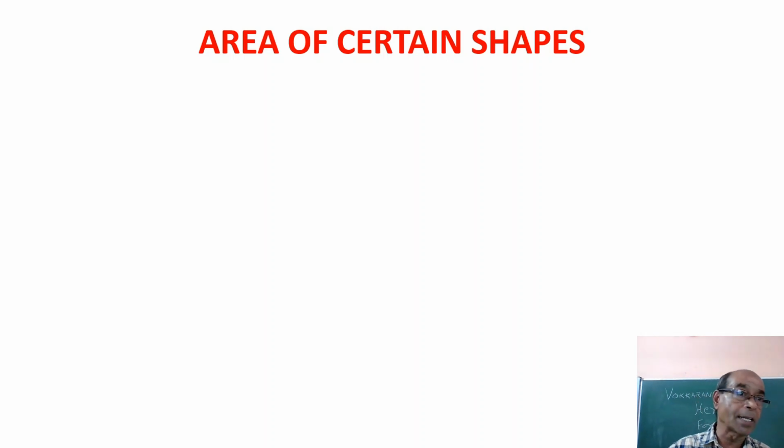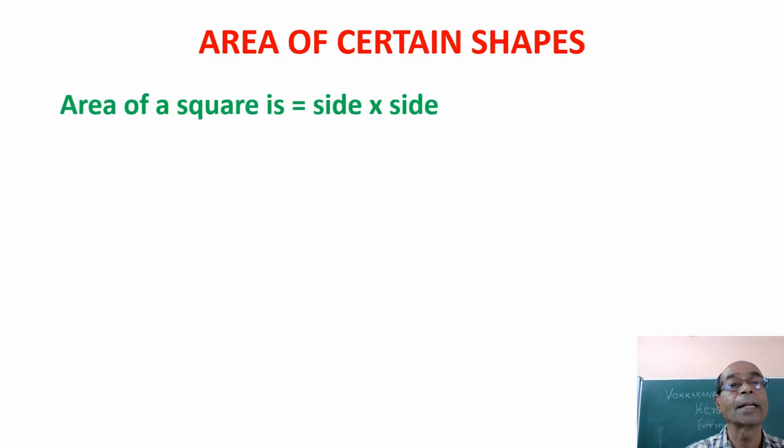The coverage area normally is specified by the paint manufacturer, so that we can buy as many liters as required to paint the wall. So to find the area, let us take certain shapes and understand what is area.